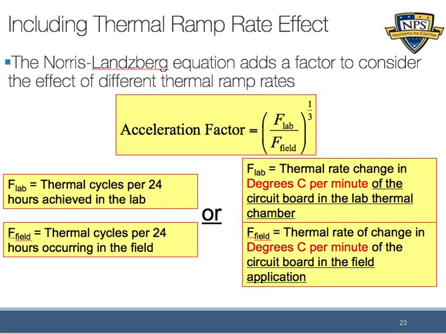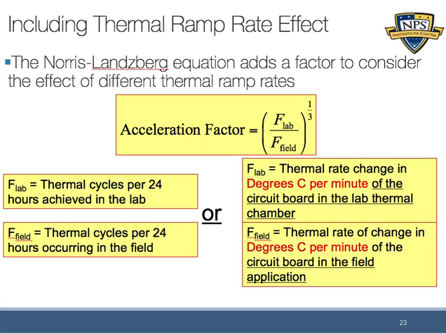And essentially what that leads us to is the next model. And the next model is a Norris-Landzberg model. And it includes this idea of an acceleration factor due to how fast we change the temperature. So now we have a couple of new variables, which include F lab, which is thermal cycles per 24 hours in the lab or the test chamber.